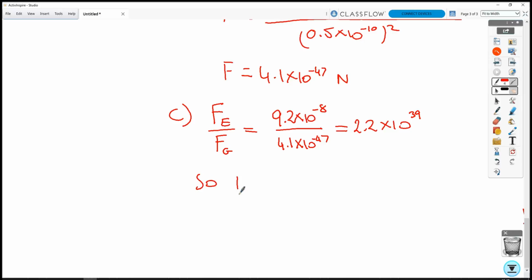So the electrostatic force is 10 to the 39 times bigger than Fg. So on small scales like this, gravitational forces are negligible compared to any other force. And that's the end of 7.3.1.